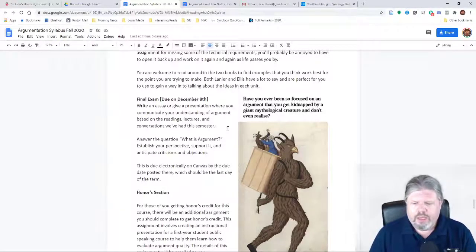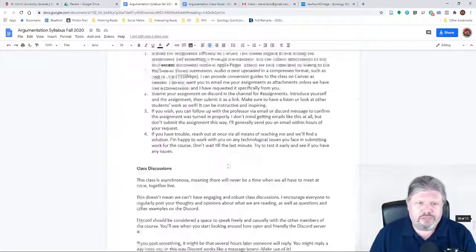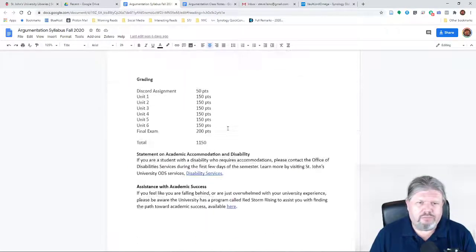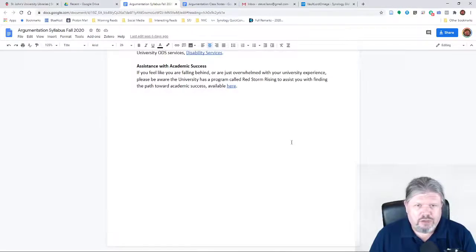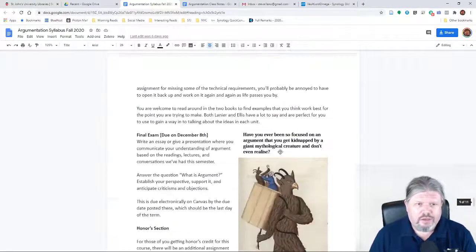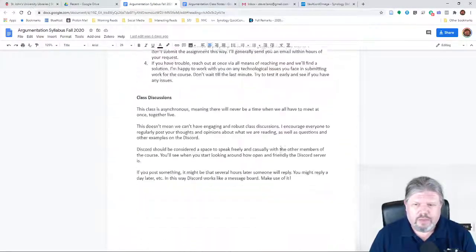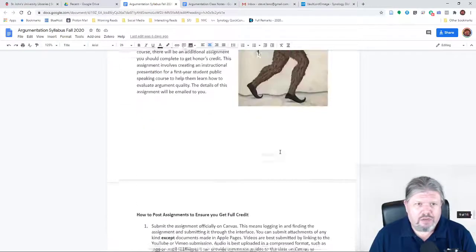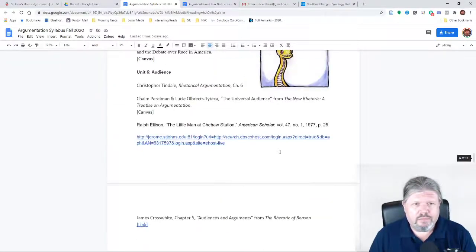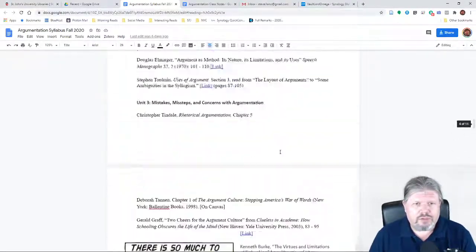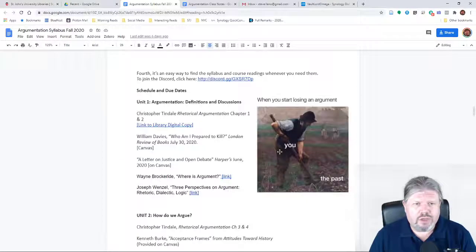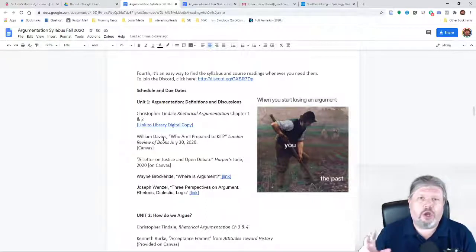So for this, we're supposed to look at some readings for the first unit. I think I might do that maybe another time. Let me have a look at which ones I had in Unit 1. Oh, yeah, there's some interesting stuff in here. I'm going to make a more comprehensive video, but the Harper's letter and the William Davies piece are both examples of where we are in argument today.